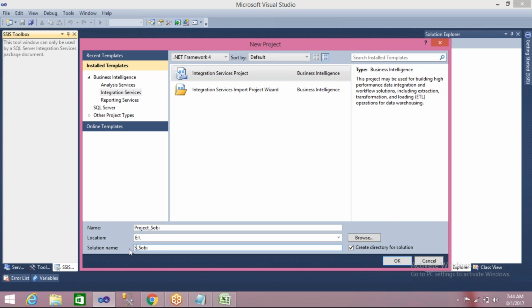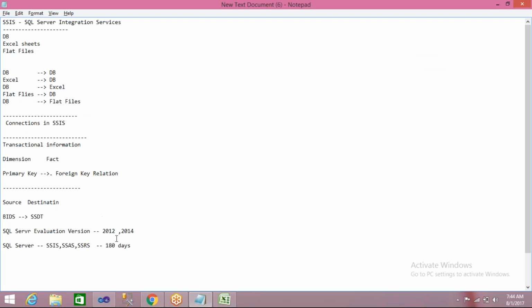For understanding purposes, I will make this one the solution. Generally the hierarchy will be like this. We will have one solution. Under this solution, we will have a project. Under one project, we will have packages.